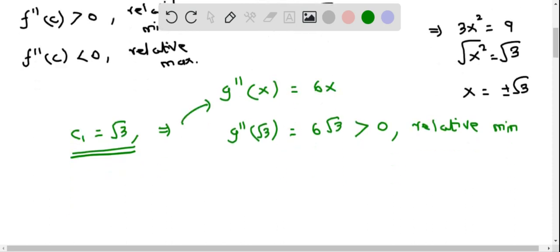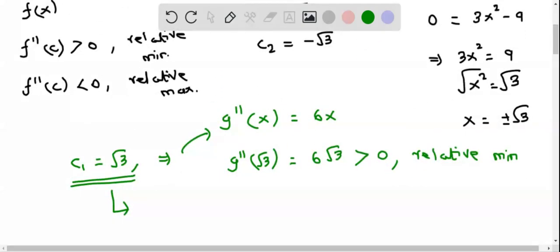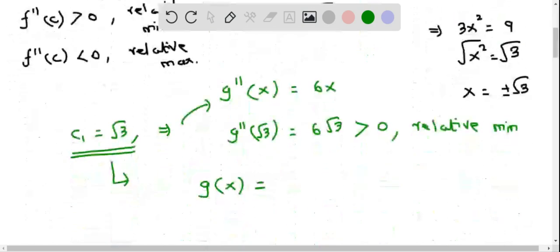Now let's see how to find this relative minimum. All that we do is take this critical number and plug it into the original function, the g of x function. So first I write down the given function g of x equals x cubed minus 9x. Now I plug in this critical number, which represents the x coordinate, replacing x with root 3.